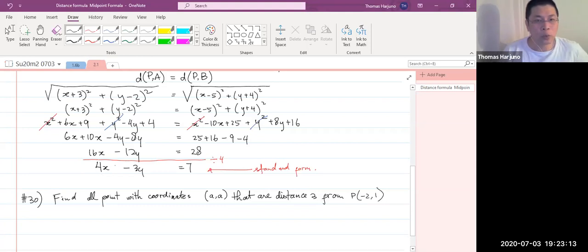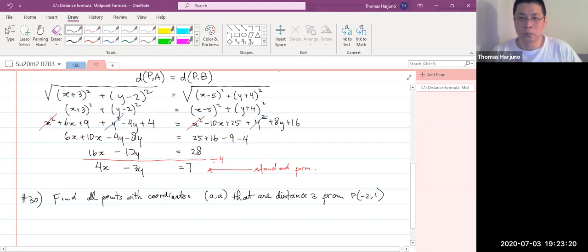Find all points with this coordinate form, distance 3 from P.